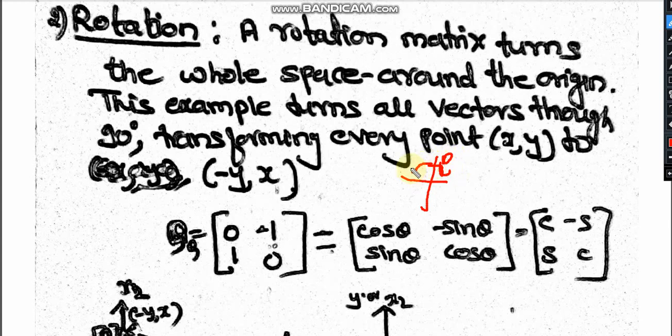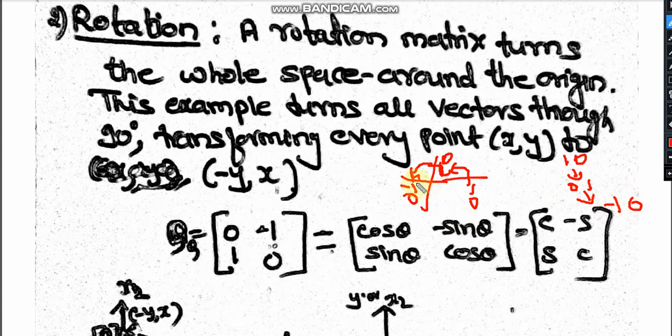If I am rotating this, we saw that 1, 0 took the value 0, 1 when rotated by 90 degrees. And if I am rotating that 0, 1, what will be the coordinates here? The coordinates will be minus 1, 0. So if I am transforming this, it is taking minus 1, 0.